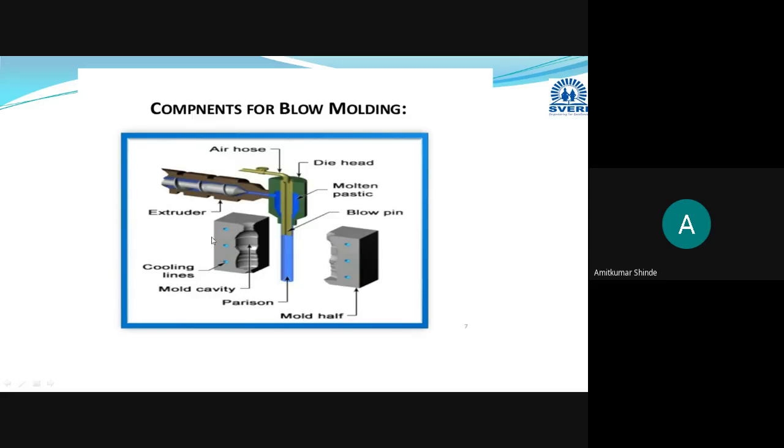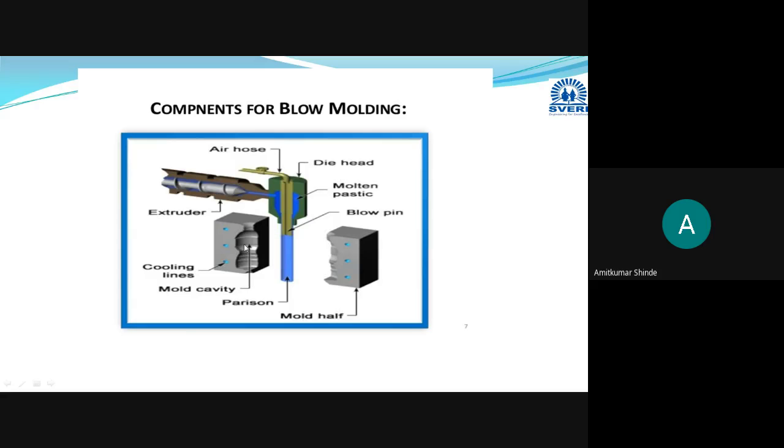Then the next component is your mold cavity. Here we have considered it in two halves, or two parts: the first half and the second half of the mold. Whichever shape and size you want for that product, you have to provide it in this mold cavity only.